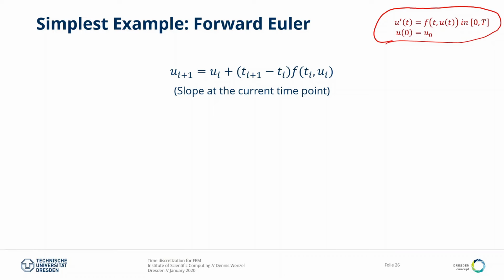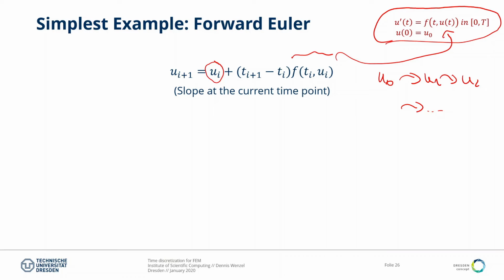If you have this type of formulation, then if I am at some point u_i, and of course you start at u0 and go to u1 and then u2 and so on, you simply take your derivative, which you know from the ODE. So the derivative at a certain point is just f of t and u of t.